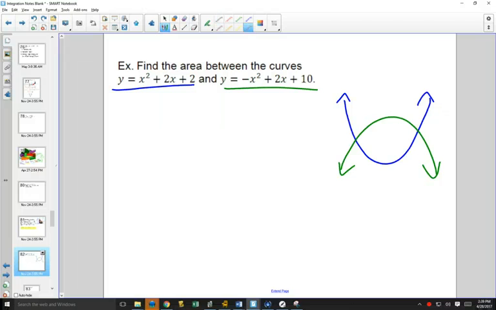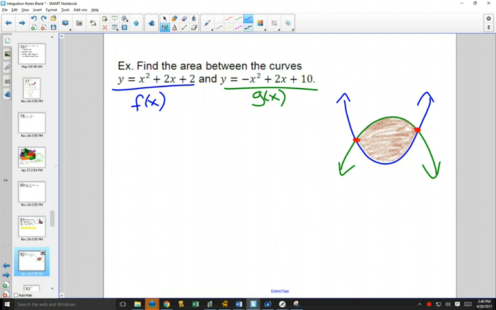So when we want to find the area between those two curves, a couple of things are going to be important. We're going to need to find these 2 points of where they intersect. And when we set up our integral, if I call my green one g of x and my blue one f of x, can you see that we're going to have to do g of x minus f of x?